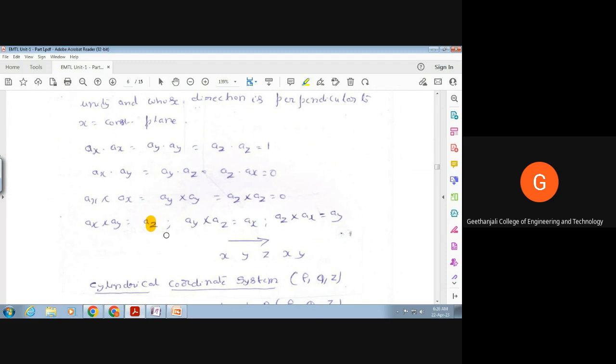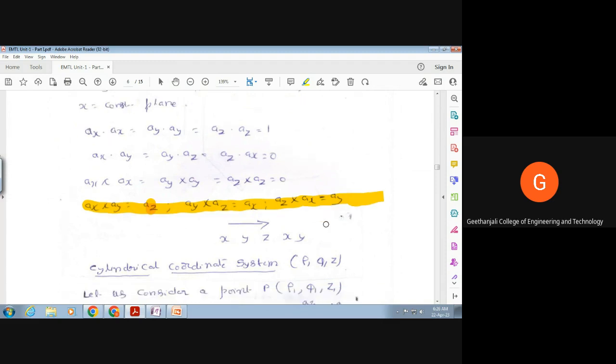Especially when you apply this cross product, there is a very real possibility that you may get confused. To avoid that, I'll tell you a simple technique. X, Y, Z, X, Y. In the forward direction, ax cross ay is equal to az, ay cross az is equal to ax, az cross ax is equal to ay.